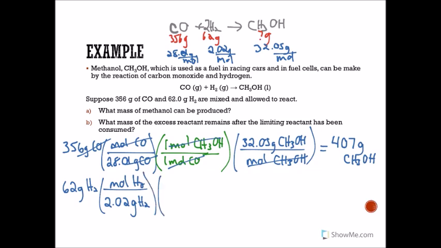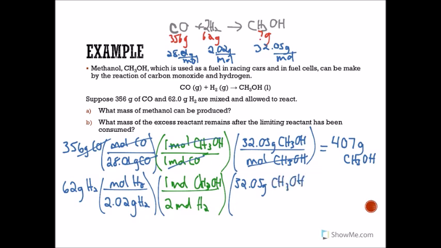We use our molar ratio. We have 2 moles of hydrogen, goes on the bottom to cancel out, for 1 mole of methanol. And then we convert back by using our molar mass of methanol.